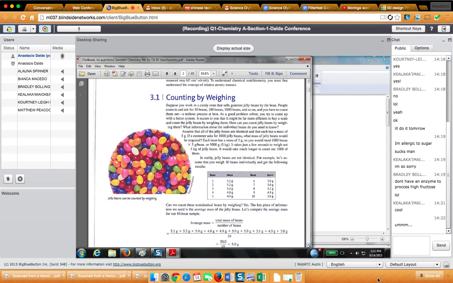For example, if 10 jelly beans weighed 50 grams, then when I want to count out 1,000 jelly beans, I would pour jelly beans on my scale until I reached 5,000 grams, because 10 times 100 is 1,000. Sorry, I screwed that up. Does that make sense?